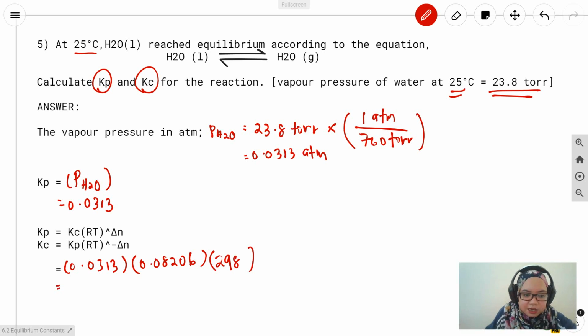So we will get Kc is equal to 1.28 times 10 to the power of negative 3. Okay. So that is how you get Kc. Okay, we find the Kp first, then we find Kc.